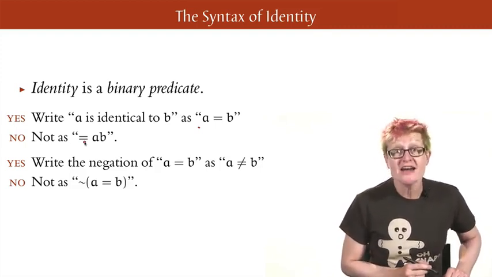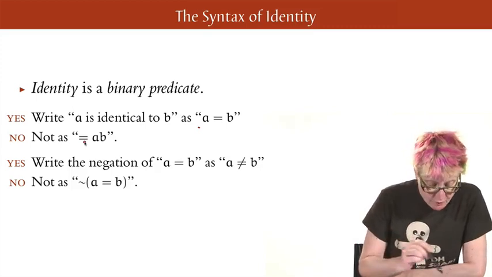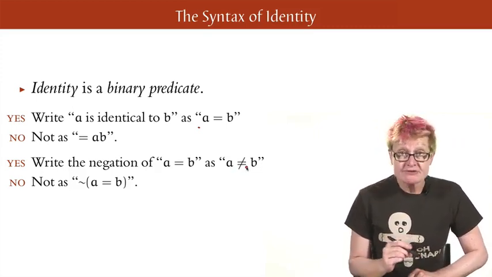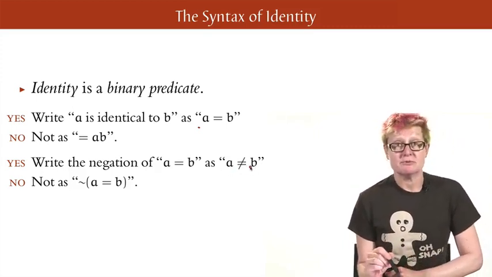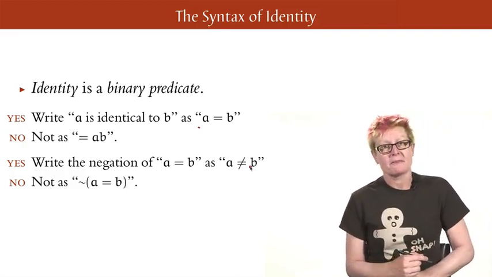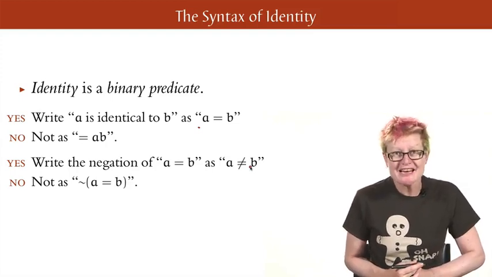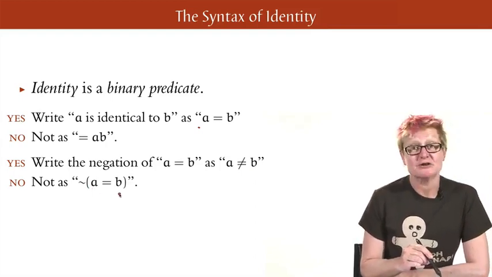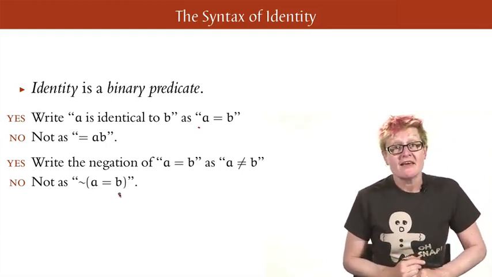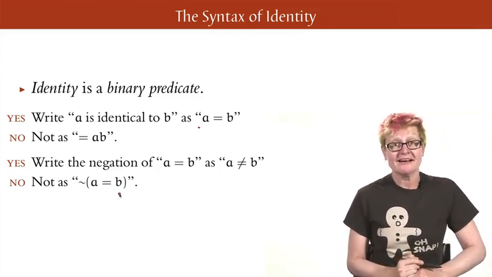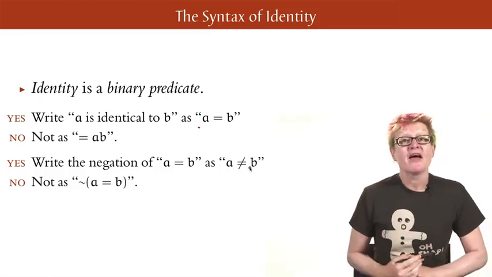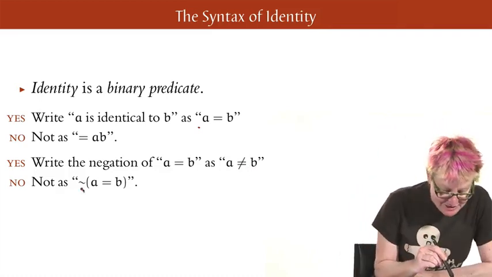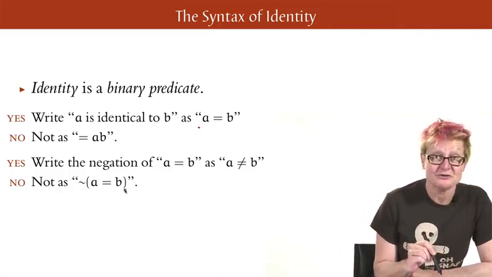We write the non-identity symbol, that is, identity with a slash through it, in between two names and it is read as A is not identical to B or A is different from B. This is to be understood as approved shorthand for the formula it is not the case that A is identical to B. More precisely, the semantics or meaning of the formula A is not identical to B will be identical to the semantics of the formula it is not the case that A is identical to B.